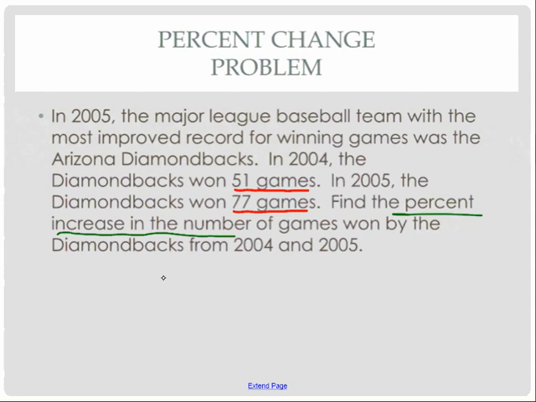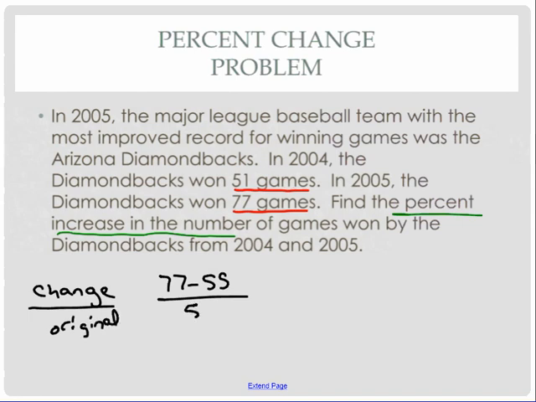So here's what we're going to do. We're going to take the change in their win total. The change, we would do that by saying 77 minus 55, and then we're going to divide that by the original amount. So that's 55. Notice that these back-end numbers, these are the same. Okay?